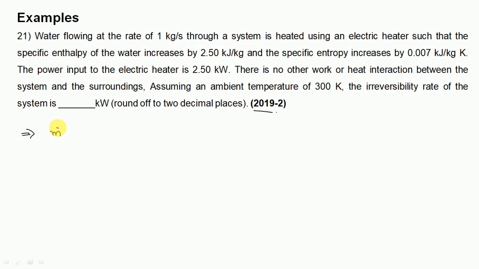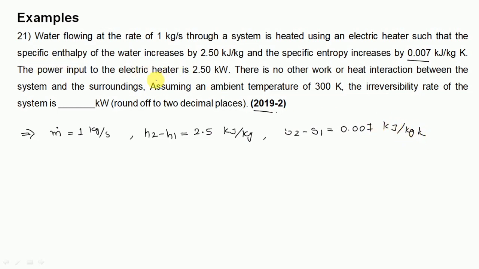The system is heated using an electric heater such that the enthalpy of the water is increased by 2.5 kilojoule per kg, so H2 minus H1 is given, and the specific entropy is increased by 0.007 kilojoule per kg Kelvin, so S2 minus S1 is given. The power input to the electric heater, the work input, is 2.5 kilowatt.